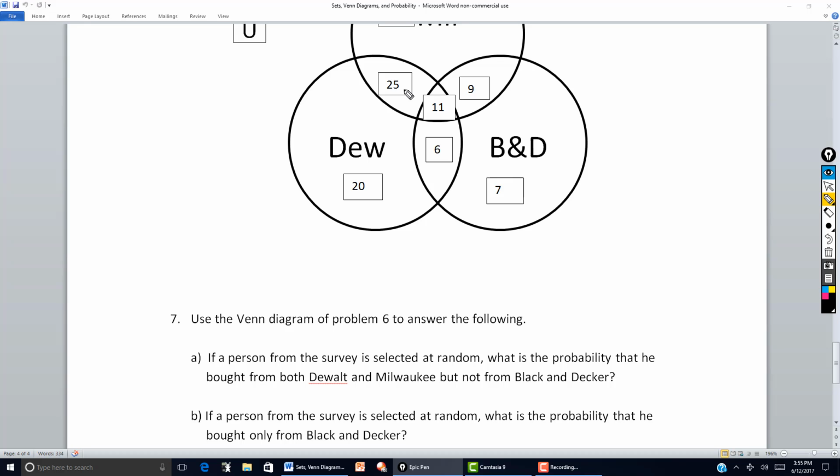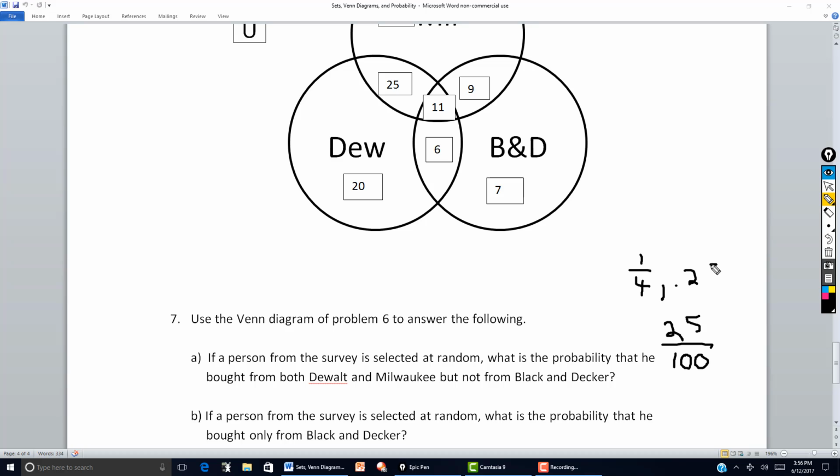So that would be this value right here, 25. So it's 25 and there's 100 possibilities, cases. So 25 over 100, or 1/4. We reduce it, or as a decimal, 0.25.